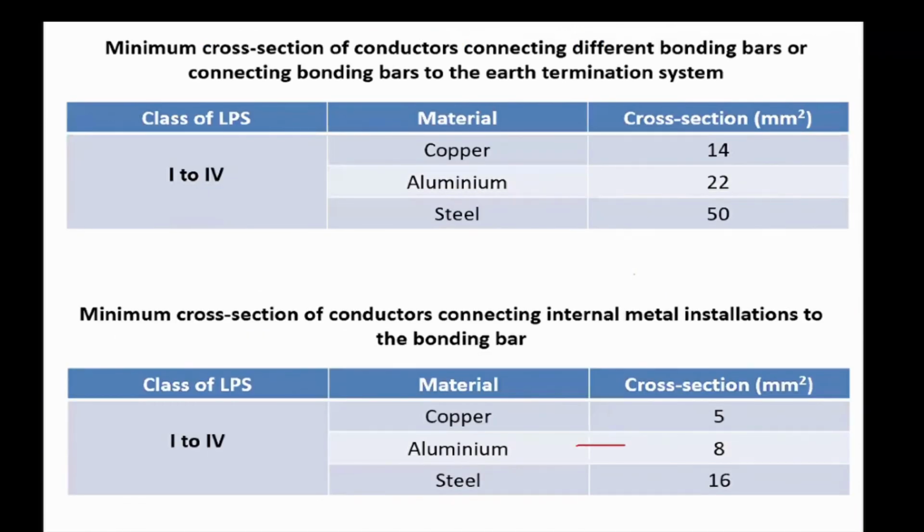Before going to the separation distance, when you are connecting the lightning protection system and other metallic components, these are the values which we usually give for the cross-sectional areas of the tapes which we are using for different purposes or at different places.